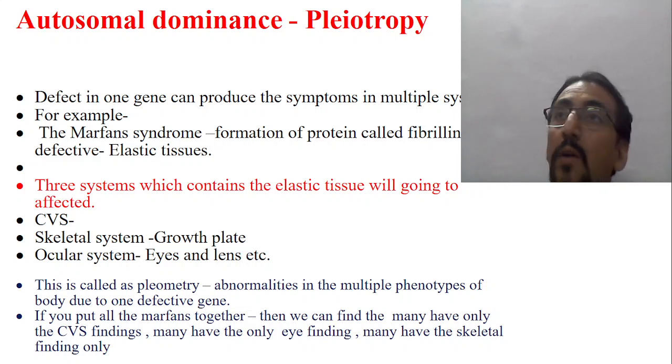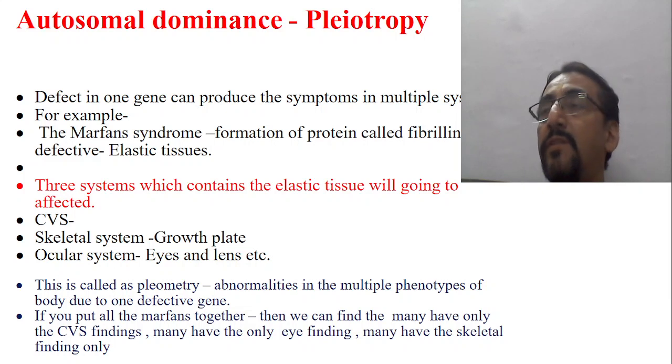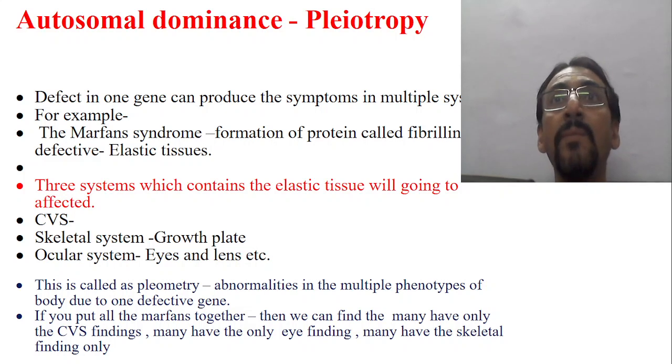Suppose you take 100 Marfan syndrome patients. Many will have only the visual system problem, many will have only the skeletal system problem, many will have only a cardiovascular problem, and a few may have involvement of all three systems.